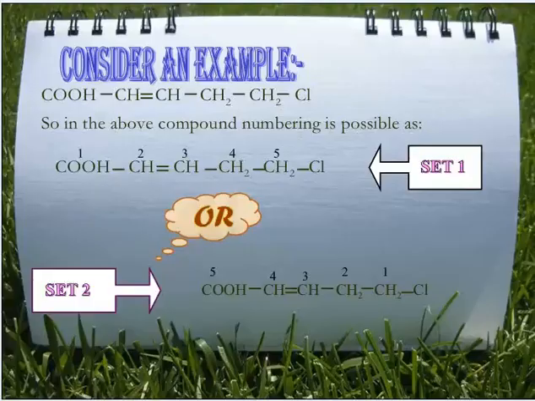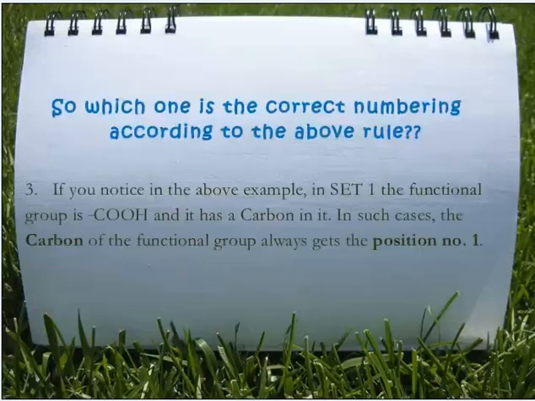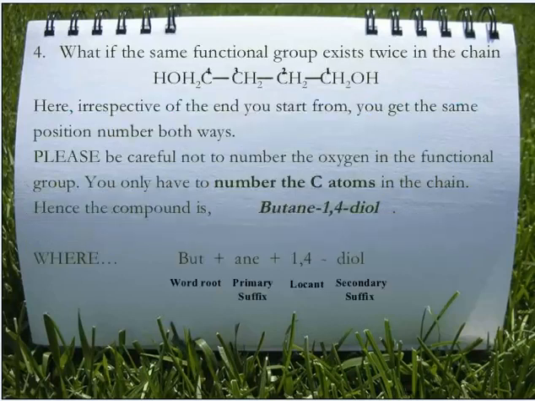From the carboxyl, or from the carbon which carries chlorine? If you note in the above example, the functional group is COOH, and it has a carbon in it. In such cases, the carbon of the functional group always gets the position number 1.